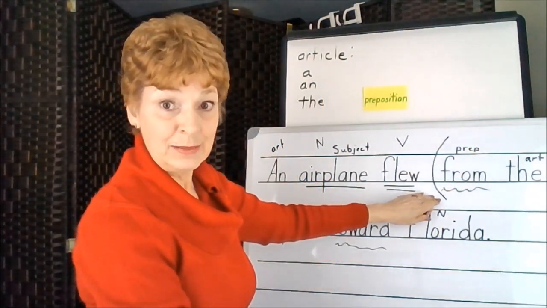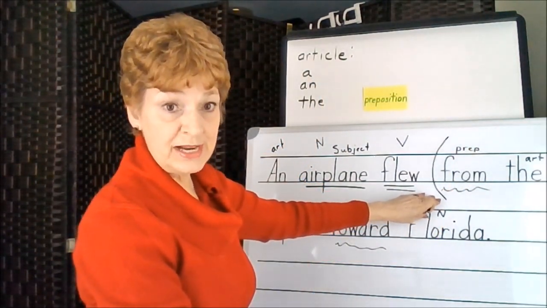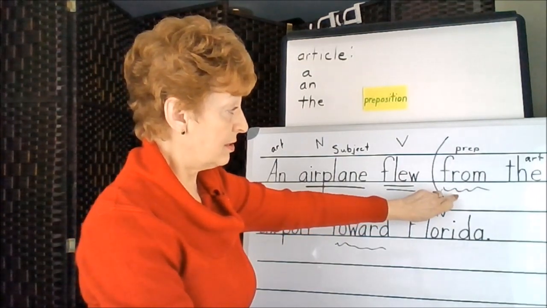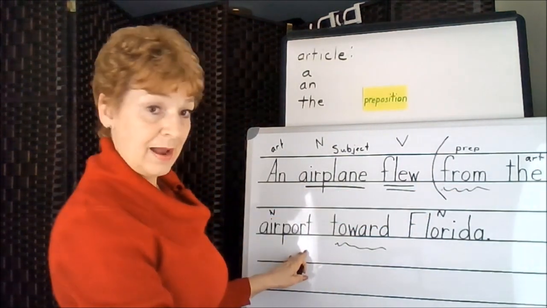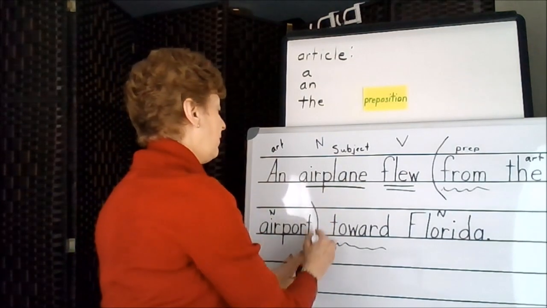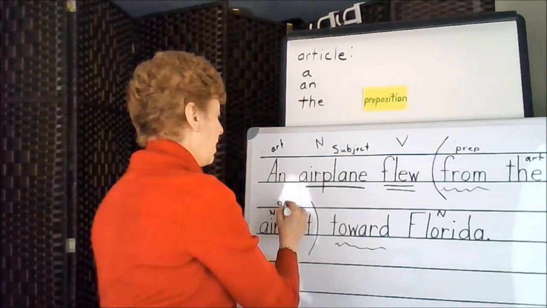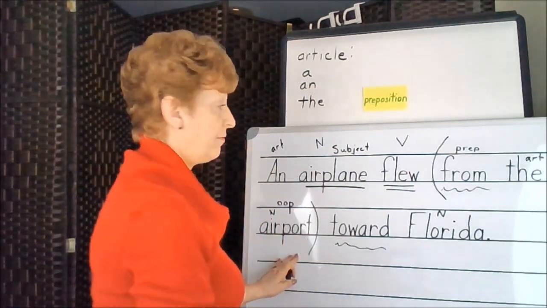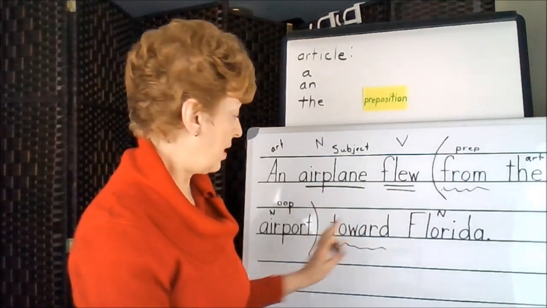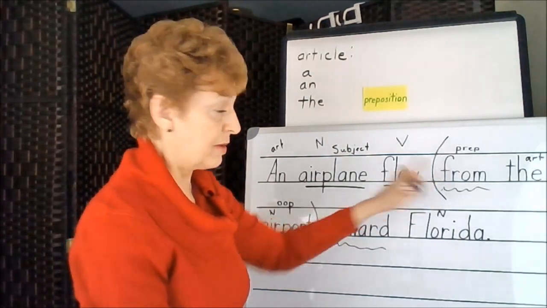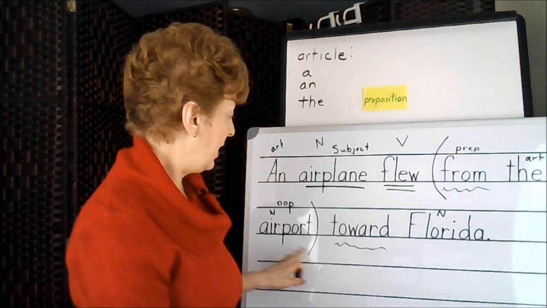This would be handy because prepositional phrases begin with a preposition and end with a noun that functions as the object of the preposition. So that fits very nicely, this little three-word phrase.